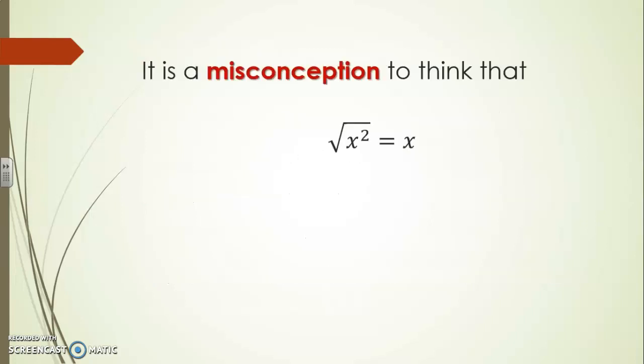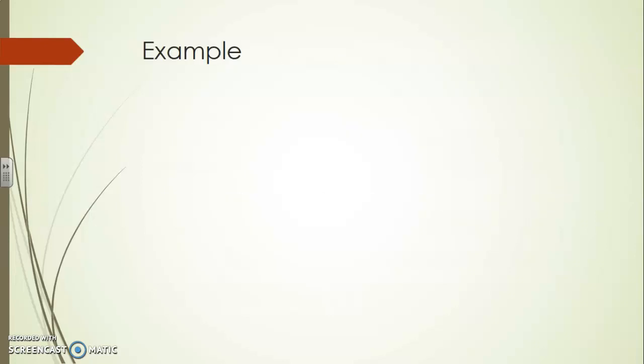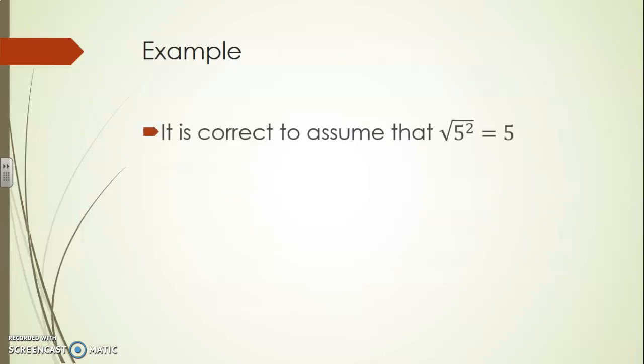It's a misconception to think that rooting x squared will result in x, because there's no guarantee a priori that x is a positive number. For example, yes, it is fine to assume that rooting 5 to the power 2 will produce an answer equal to 5.